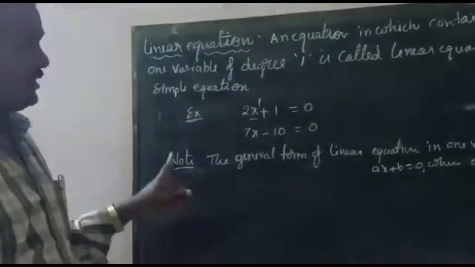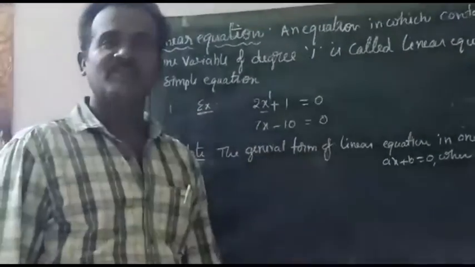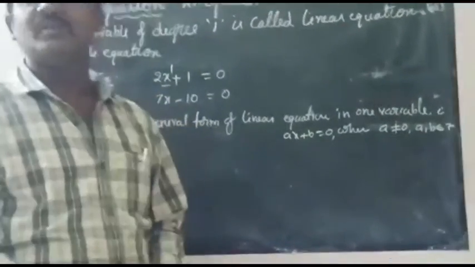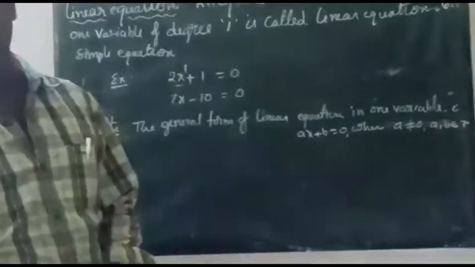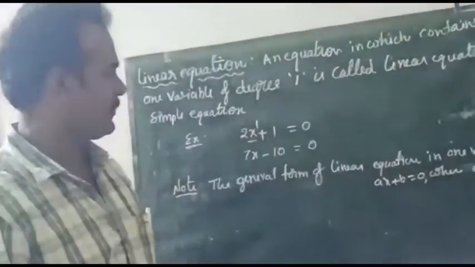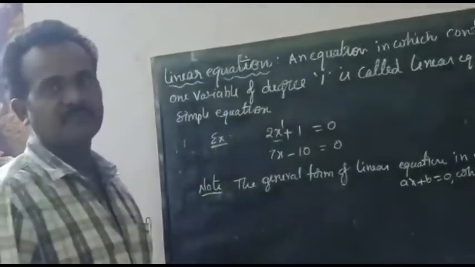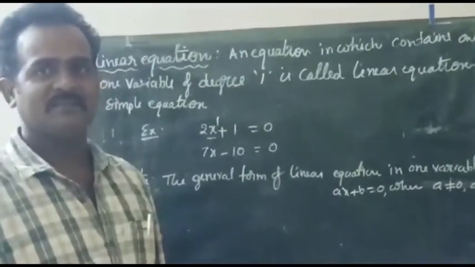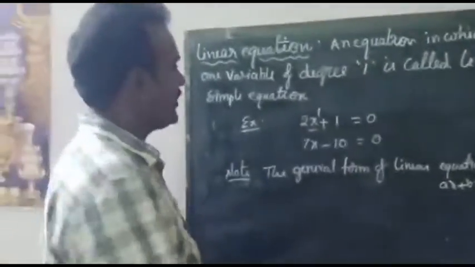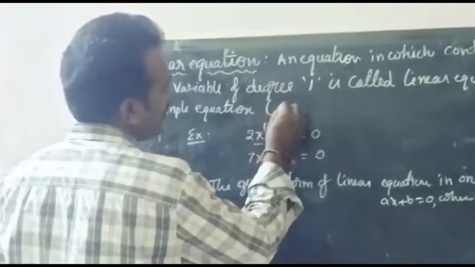The note: the general form of a linear equation in one variable is ax plus b is equal to 0, a, b belong to Z and a not equal to 0.